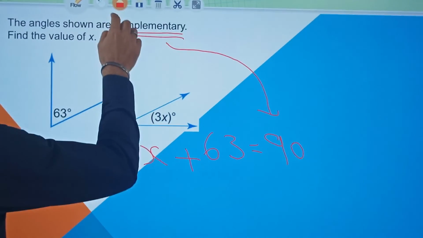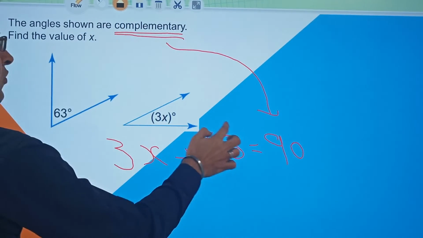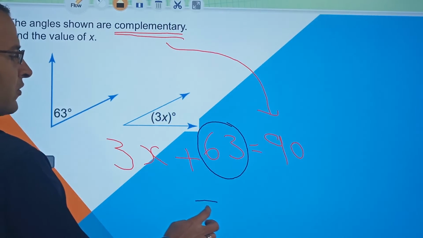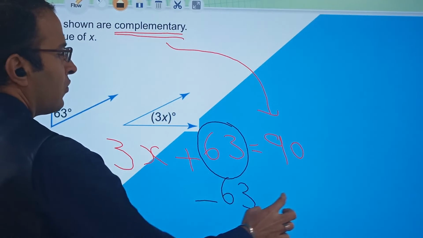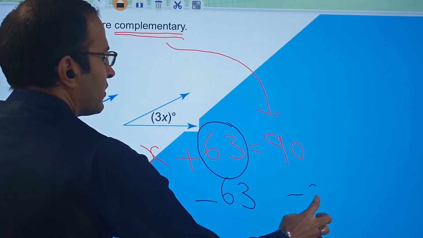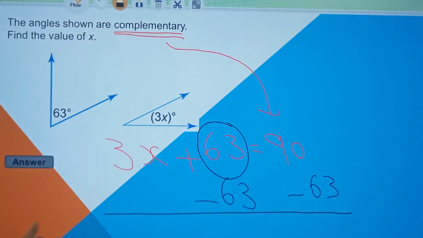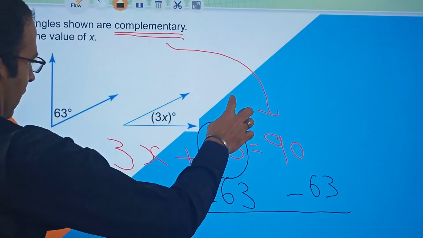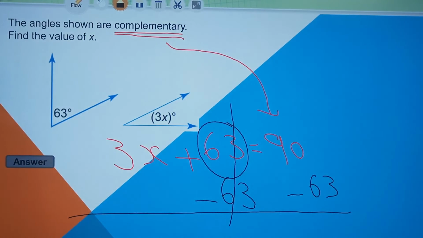After that, what will we do? I need to cancel 63. Because we have plus here, I will make minus 63 to the left and minus 63 to the right. So we will add negative 63 to both sides, or subtract 63 from both sides, they are the same. We will cancel this with this.